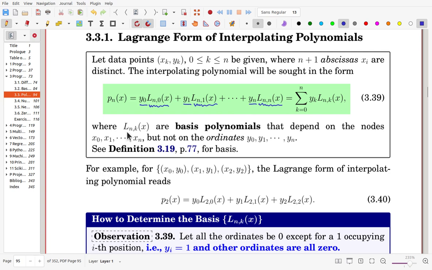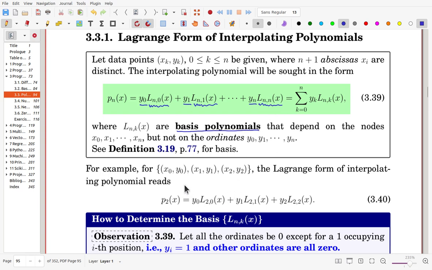Here, lnk, k from 0 to n, are basis polynomials. And they can be made by using the nodal points x0 to xn. We'll try to construct them below. In this way, we try to get the interpolating polynomial.